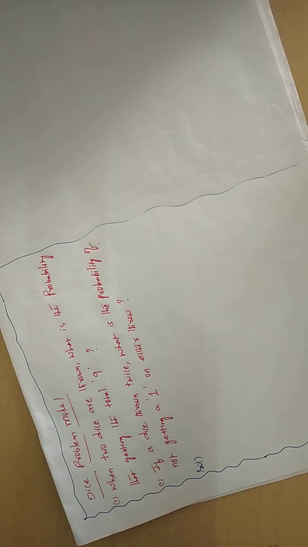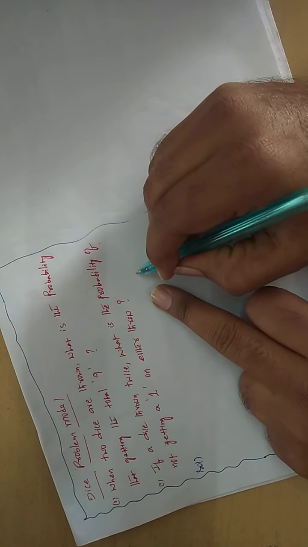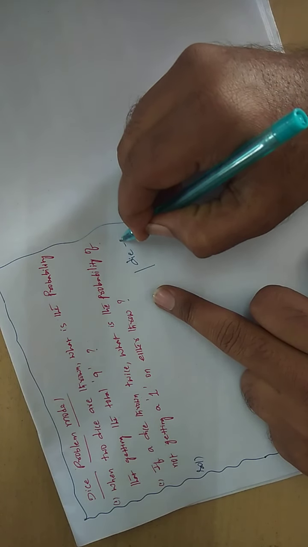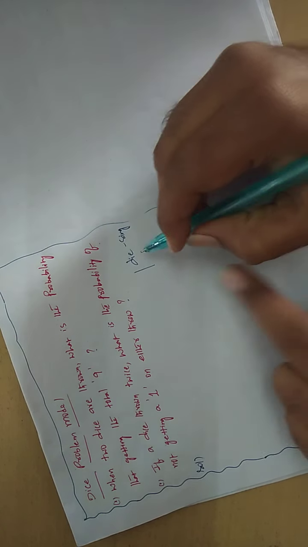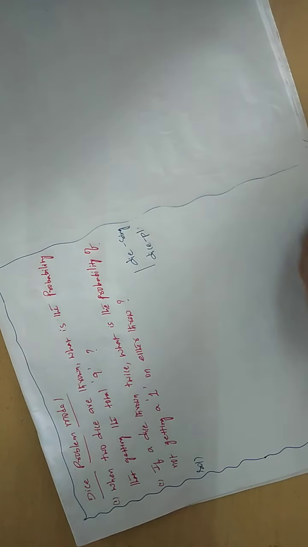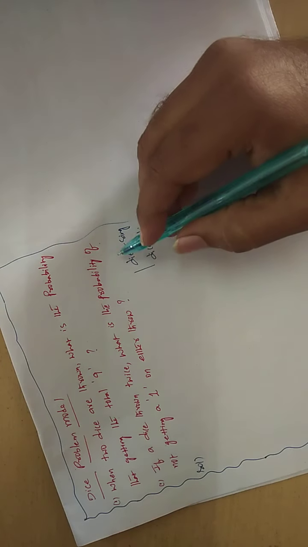Now today we go for the next standard model under probability problems. What is the dice problem? Understand? Please remember that die means singular. Dice means plural. So die, dice.